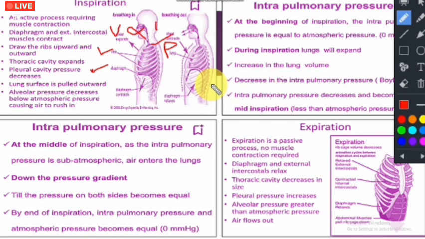What happens to transthoracic pressure during inspiration?